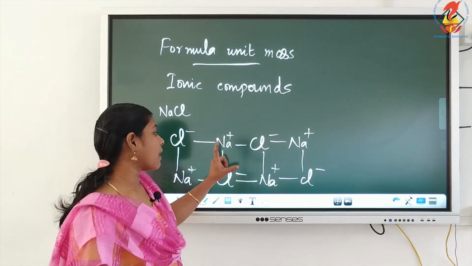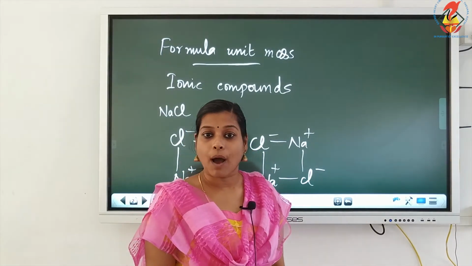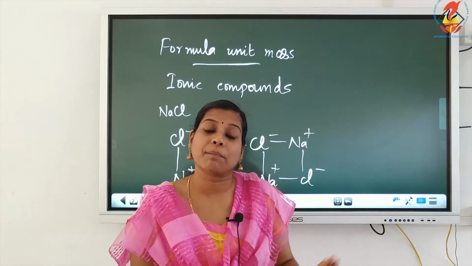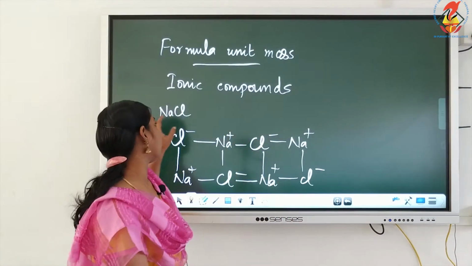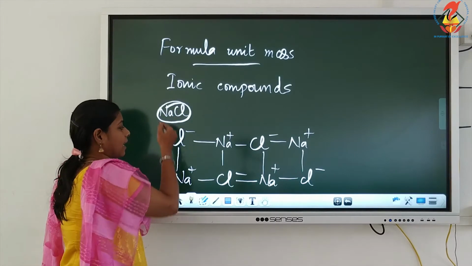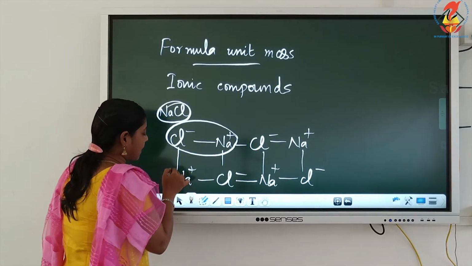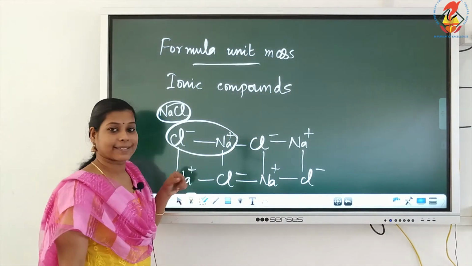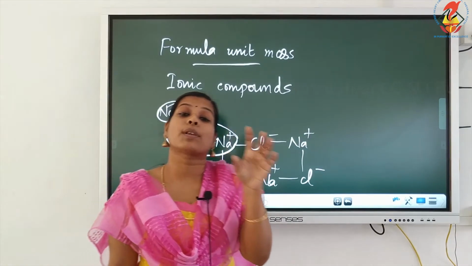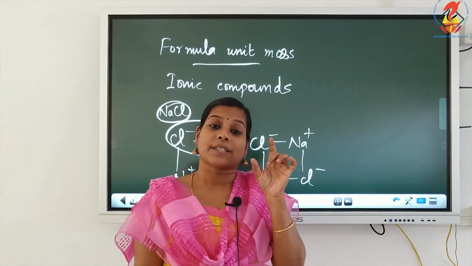So if you want to take one molecule of that compound, it is not possible. One molecule would mean one Na and one Cl, but each is bound to other Na and Cl, so it is impossible to take one Na and one Cl alone.